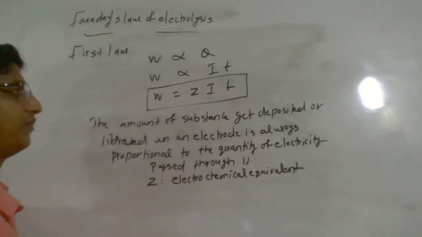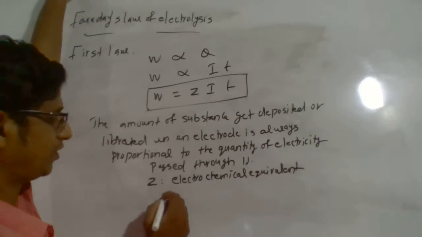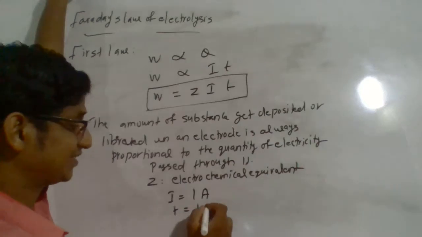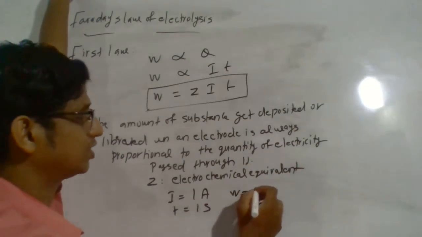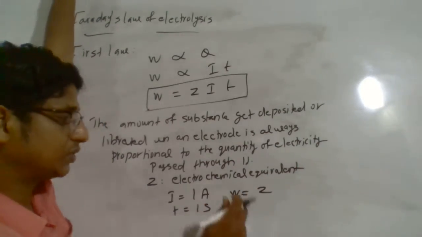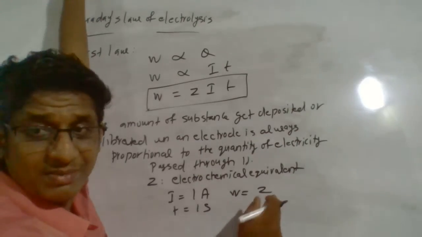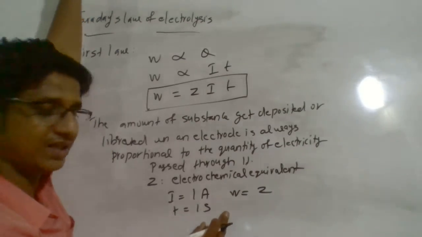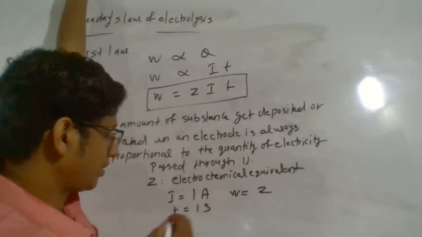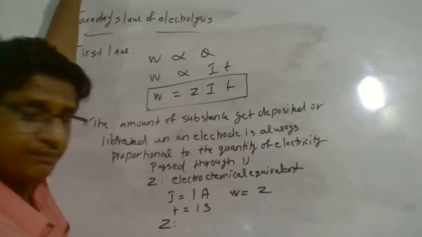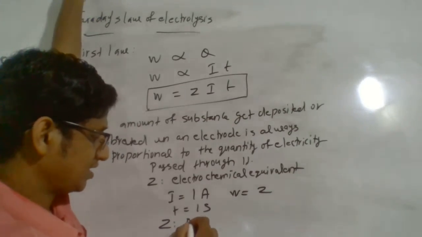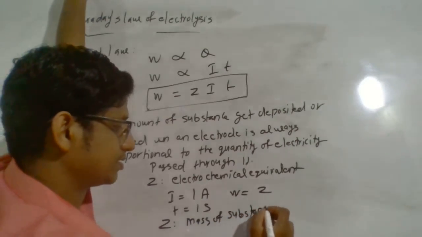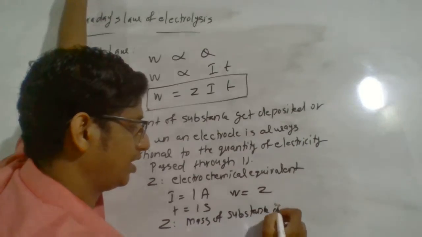Electrochemical equivalent we can define like this. Imagine I is equal to 1 ampere and T is equal to 1 second, then we get W is equal to Z. So the electrochemical equivalent Z is the mass of substance deposited when 1 ampere of current is passed through for 1 second.